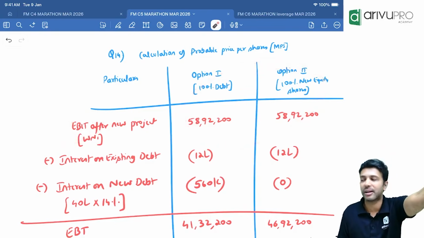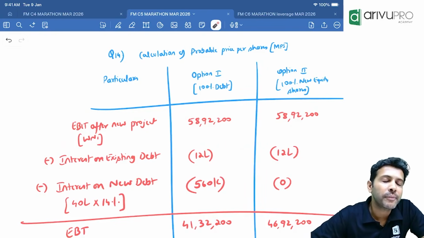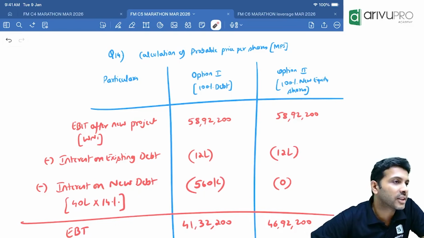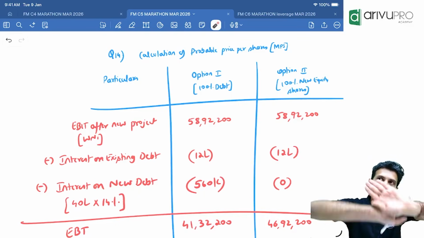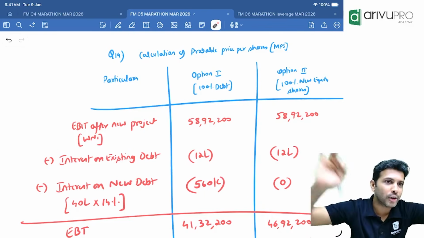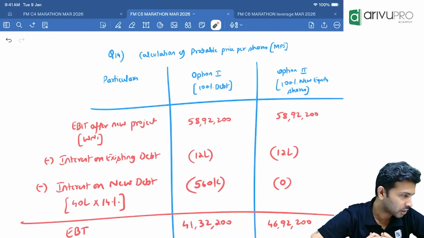I used to give this example. Let's say we opened a new branch in Hyderabad. We put one big holding, a big board. To open the branch in Hyderabad, we needed 50 lakh.